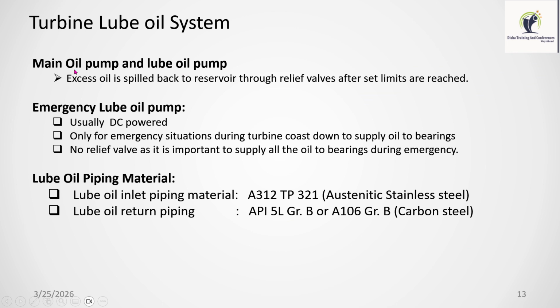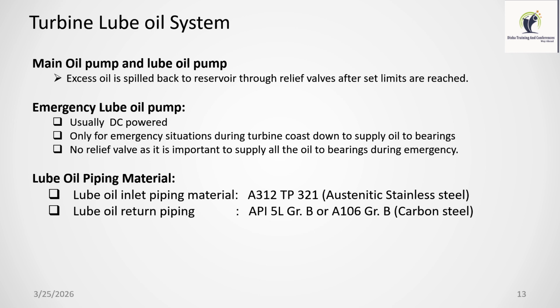The shaft driven main oil pump will take over and supply oil to the journal bearing and thrust bearing, not only of the turbine but also of the other driven equipment like the gearbox and compressor or pump, whatever it may be. And the emergency oil pump: suppose there is a power failure and the auxiliary pump is not available, then the DC power driven emergency oil pump will come into the picture and supply oil to the journal portion, because the turbine is in a very hot condition and remains heated.